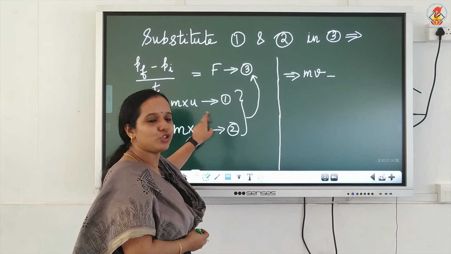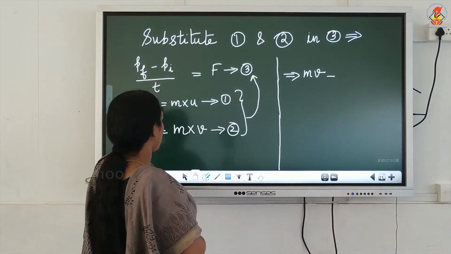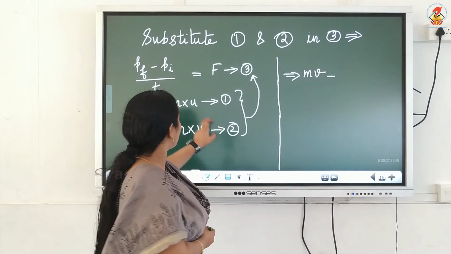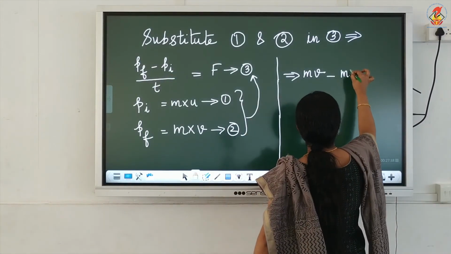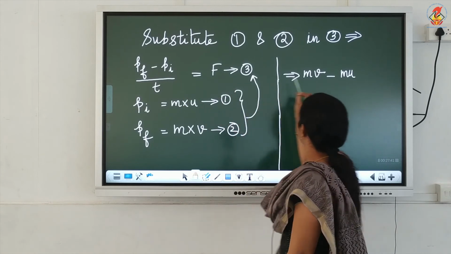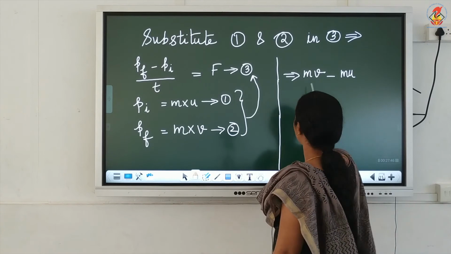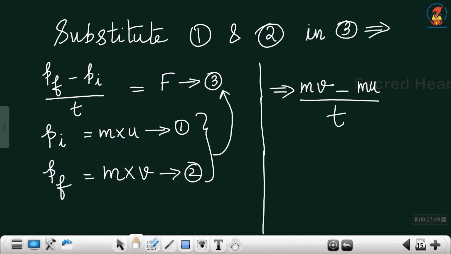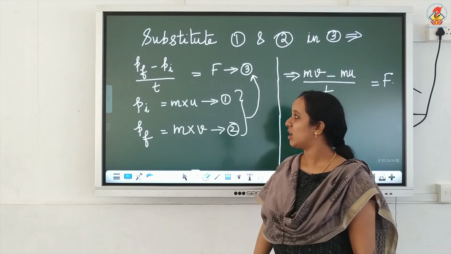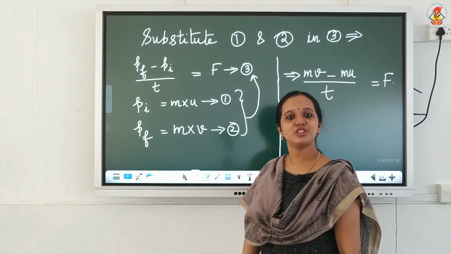According to equation number 1, Pi is m into u. So instead of Pi, mu. So (Pf minus Pi) by T can be written as (mv minus mu) by T equal to F. So we have written equation number 3 in terms of equation number 1 and 2.